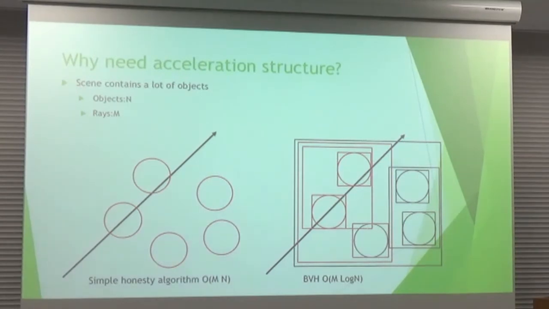That order is mn. Using another acceleration structure, in this case a BVH, its calculation order might be m log n. So an acceleration structure can reduce the calculation cost so much.